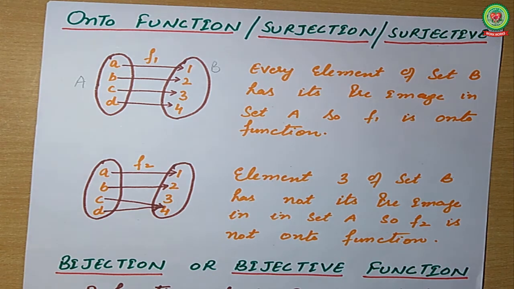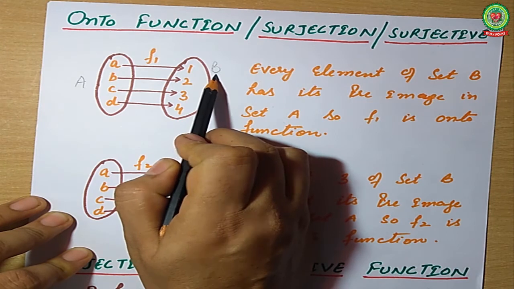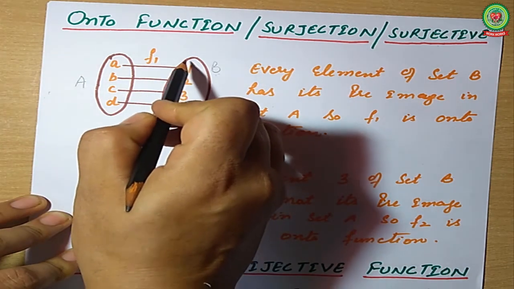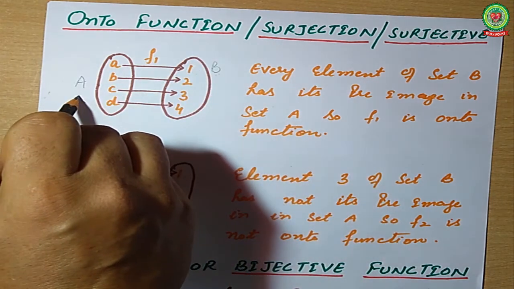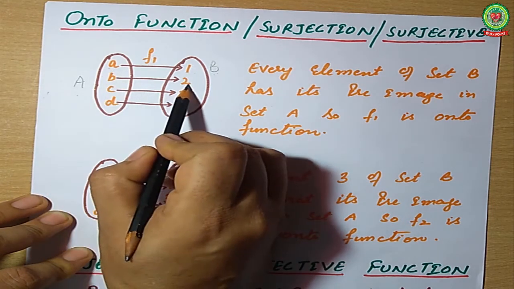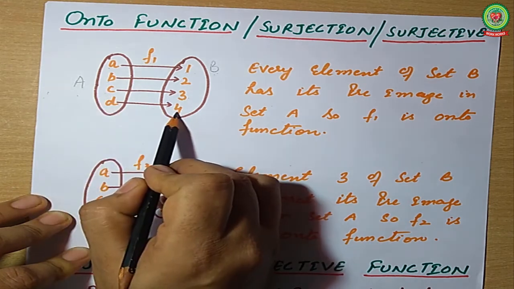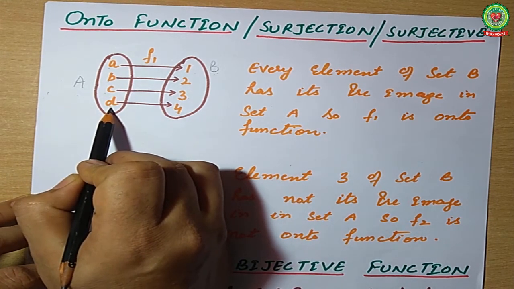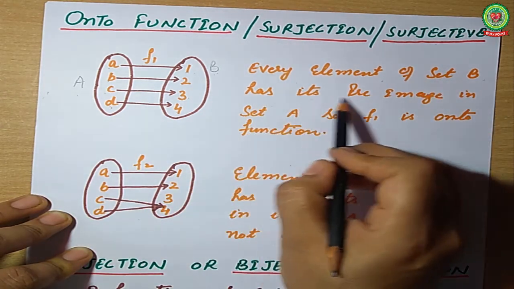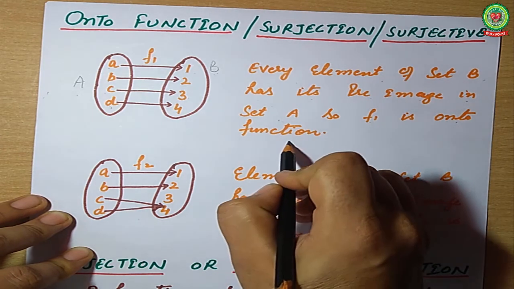Now we talk about whether set B has a pre-image in set A. 1 has a pre-image in A, 2 has a pre-image in B, 3 has a pre-image in C, and 4 also has a pre-image in D. Every element of set B has its pre-image in set A. So F1 is the onto function.